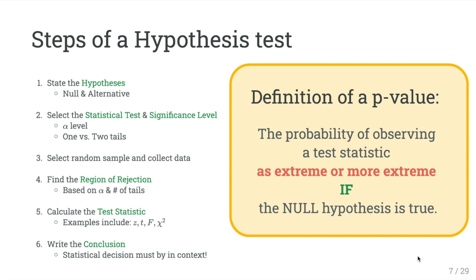From there, we're going to understand that even in a world where an effect doesn't exist, just due to sampling error, there's a chance that we could get results that look like an effect exists. And so there's actually going to be a distribution of possible outcomes that we could get in this null world. So there's no relationship in this world, and yet we're still going to get a distribution of possible scores or test statistics.